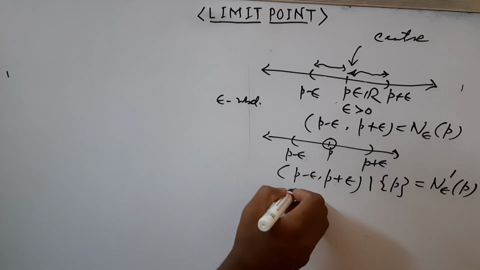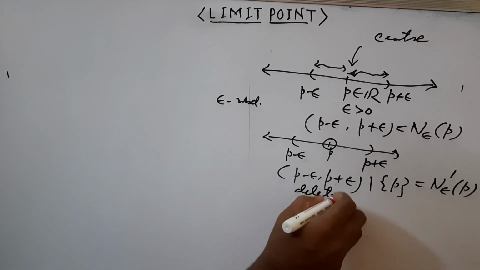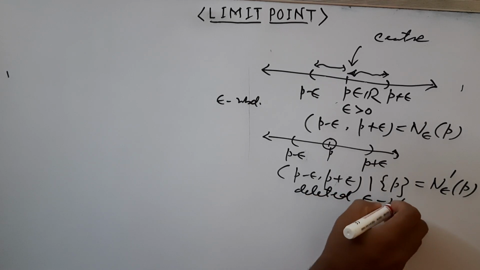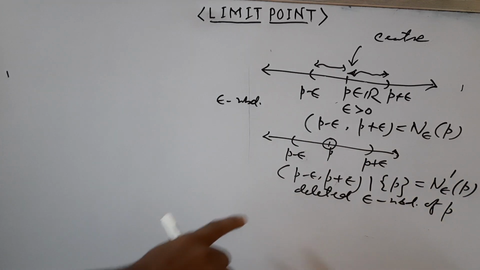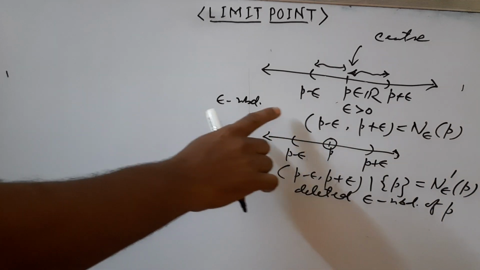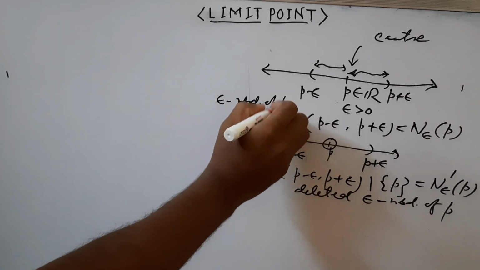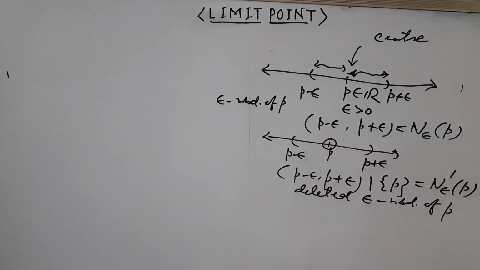So this is deleted epsilon neighborhood of the point P, and this one epsilon neighborhood of the point P.